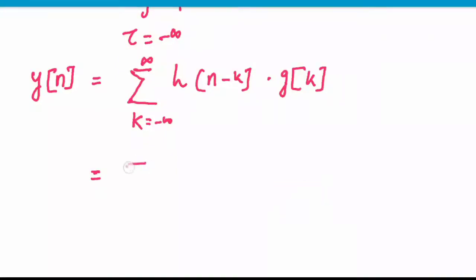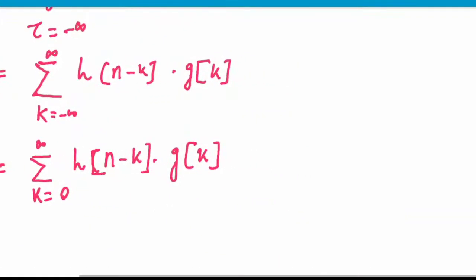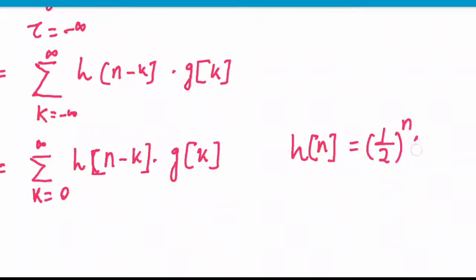So for this question, this will be the summation over k from 0 to infinity of h of n minus k into g of k. Why k from 0? Because the given h of n is half to the power n u of n.